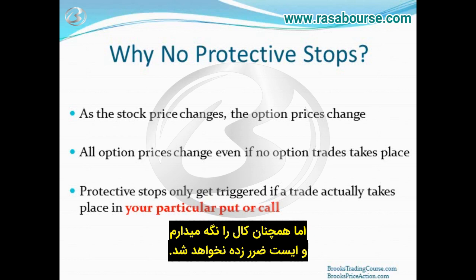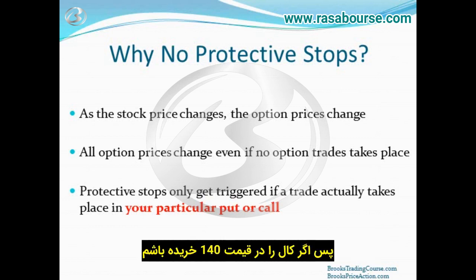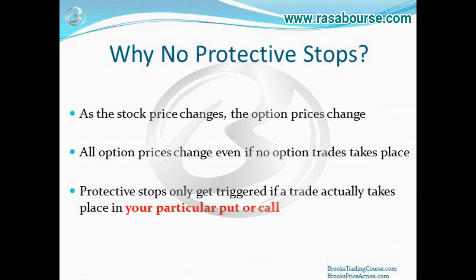My stop would not be triggered, because a stop only gets triggered if a trade takes place in your particular market. So if I'm holding a 140 call and nobody is trading the calls, my strike price, the bid-ask spread can continue to fall as the spider falls, but my stop won't get triggered.